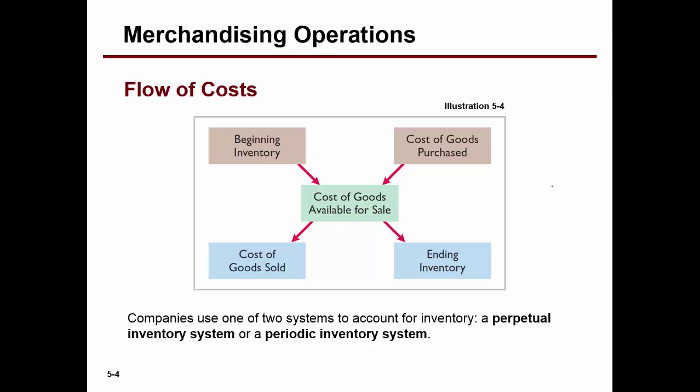Now you come over, and when we talk about the flow of our costs, we have our beginning inventory. Our beginning inventory plus our purchases for the period give us what? Our goods available for sale. Beginning inventory plus whatever we purchase for the period.